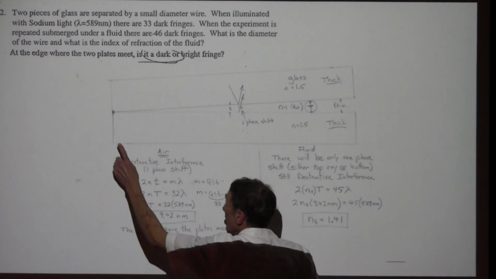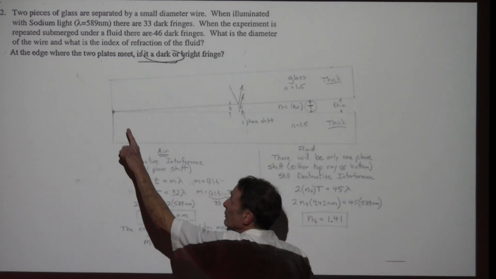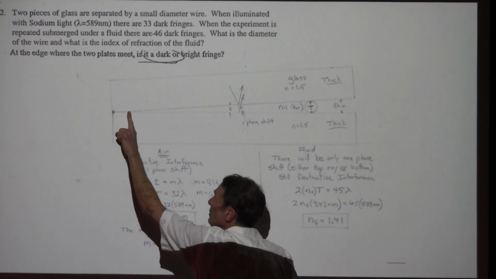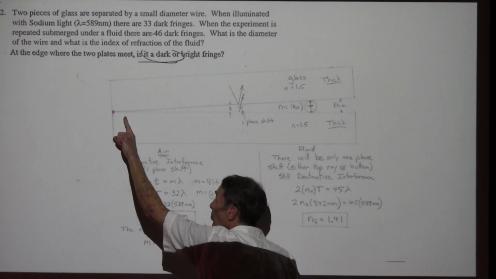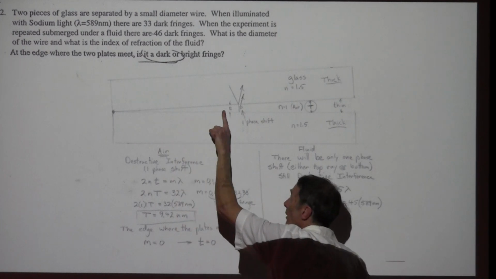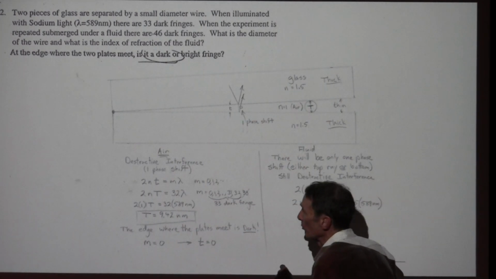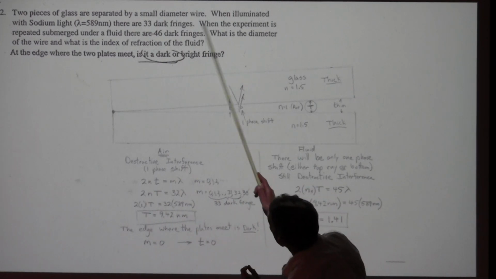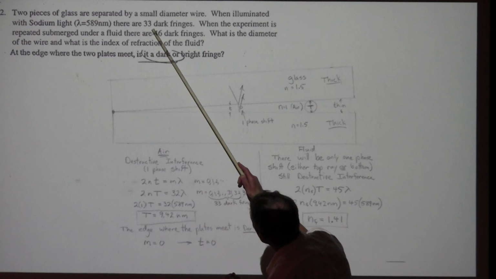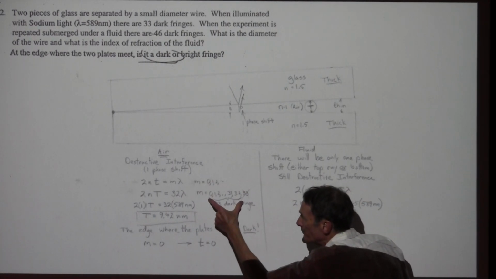We start off at the point of contact, which we'll call m equal to 0. That's the first dark fringe, and then we'll have m equal to 1, 2, 3, 4, and so on, until we get all the way out to what we're going to be measuring. He's suggesting that when it's illuminated with sodium light, there are 33 dark fringes, so we need to count 33.